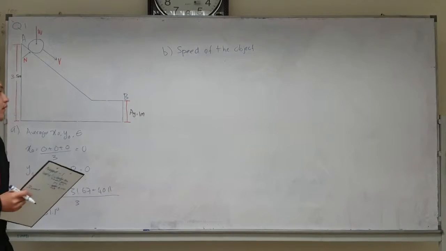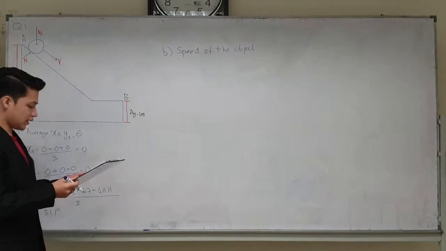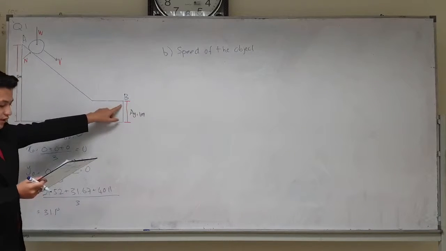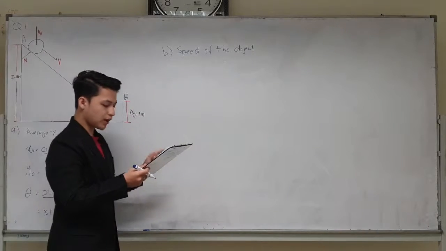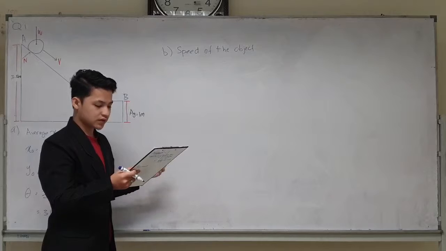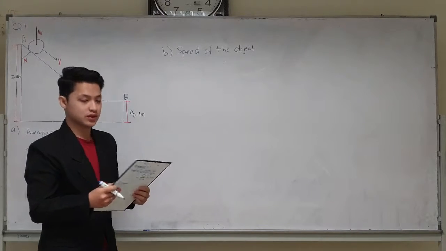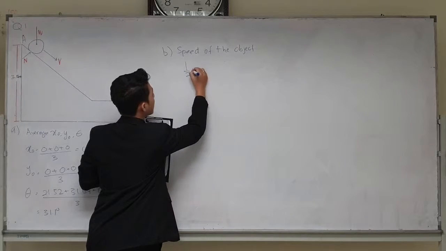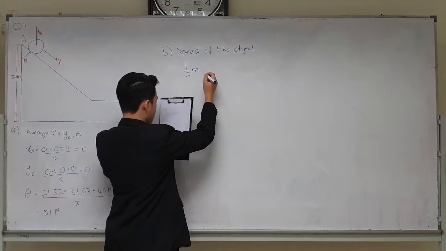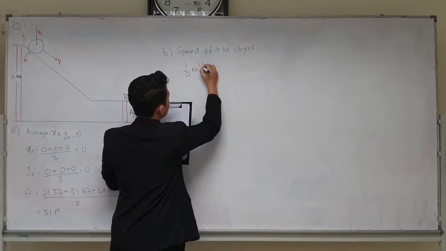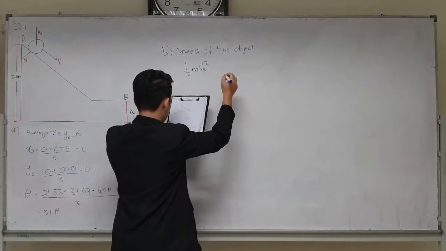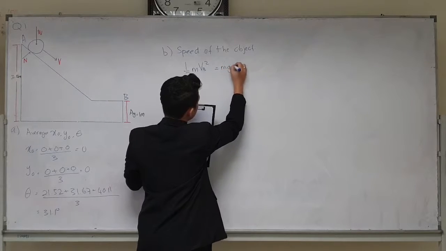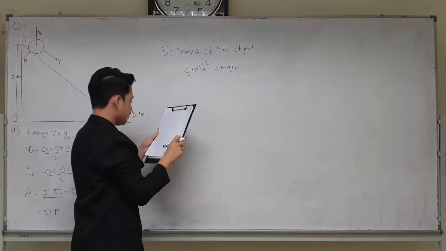Okay. For the second part, we have to calculate the speed of the object just before it leaves at P. First of all, we apply the conservation of energy equation, which is 1/2 times mass times v squared equals mass times gravity times height.